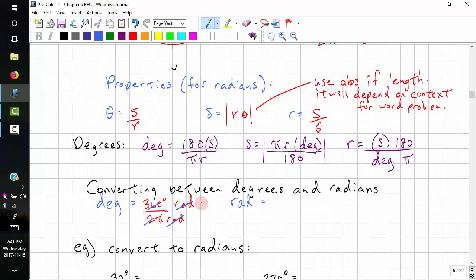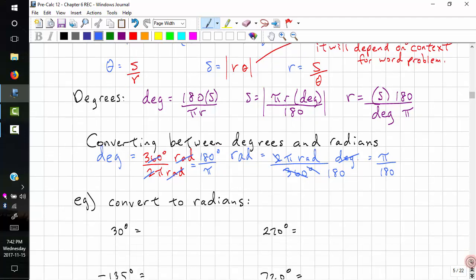So we have 180 over pi. That's the conversion factor. If we want to go from degrees to radians, we have 2 pi radians over 360 degrees times our degrees. The degrees cancel out, and 2 cancels out, and we have 180. So we're left with pi over 180, and it's radians. And here we have degrees.